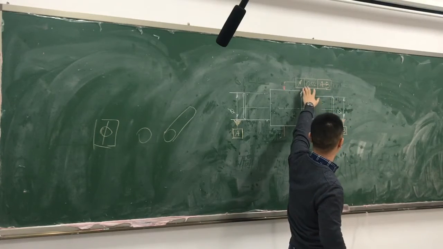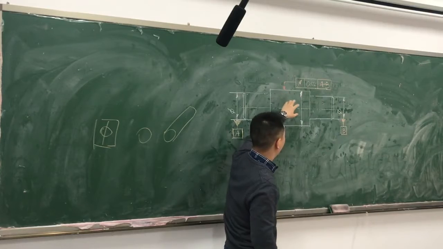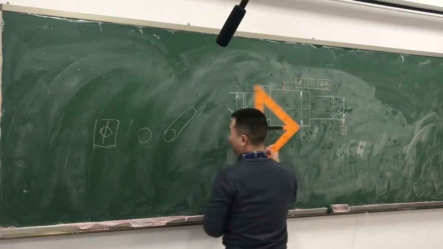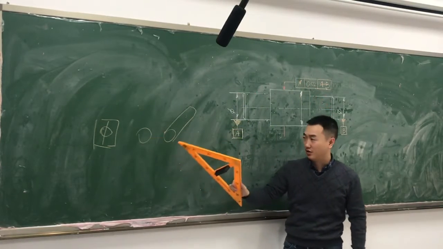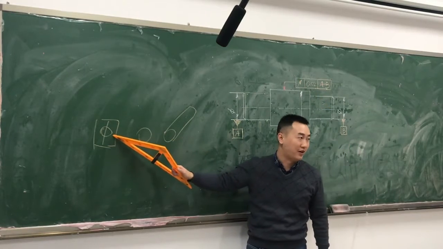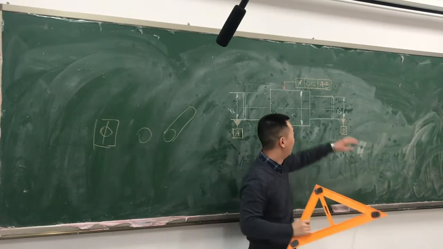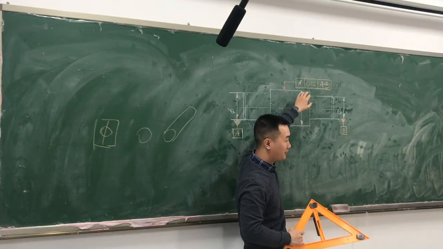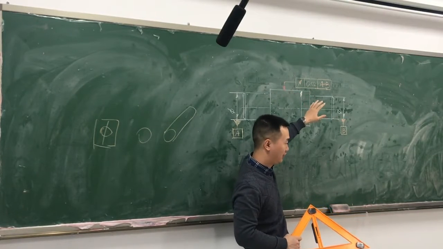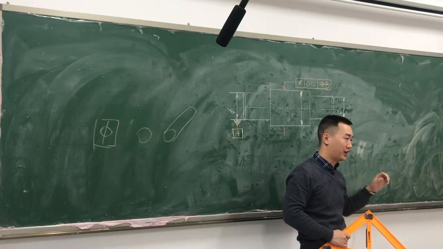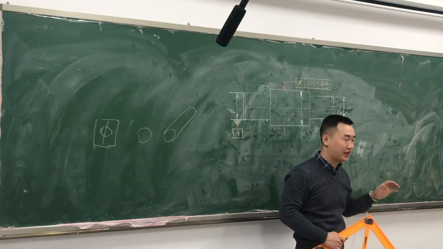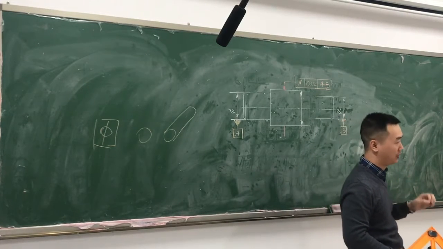I have explained, only when the tolerance zone is a circle or cylinder, we should put a phi before the value, right? But for circular layout, the tolerance zone is the space between two coaxial, two concentric circles.